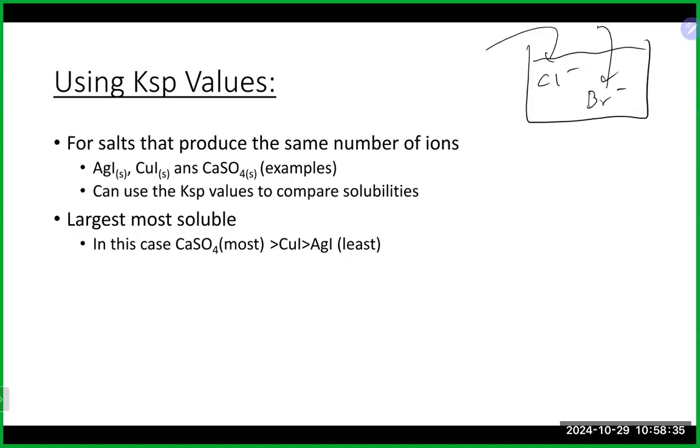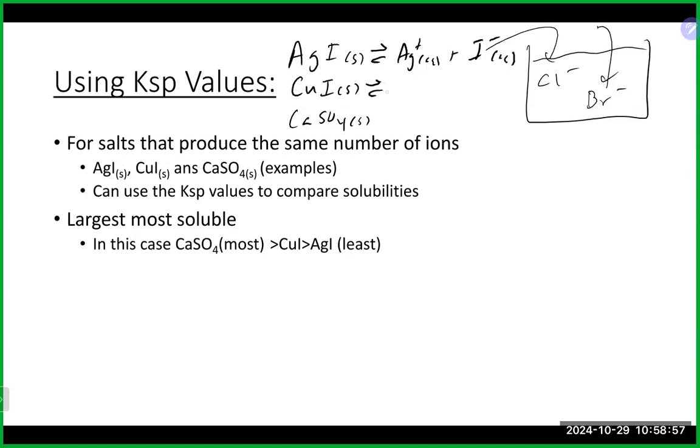Now, if we take something like all 3 of these: silver iodide, copper 1 iodide, and our calcium sulfate here. If we take each of these, when they break apart, we will get a silver ion and an iodide. We will get a copper 1 ion and an iodide. And we will get a calcium and a sulfate.